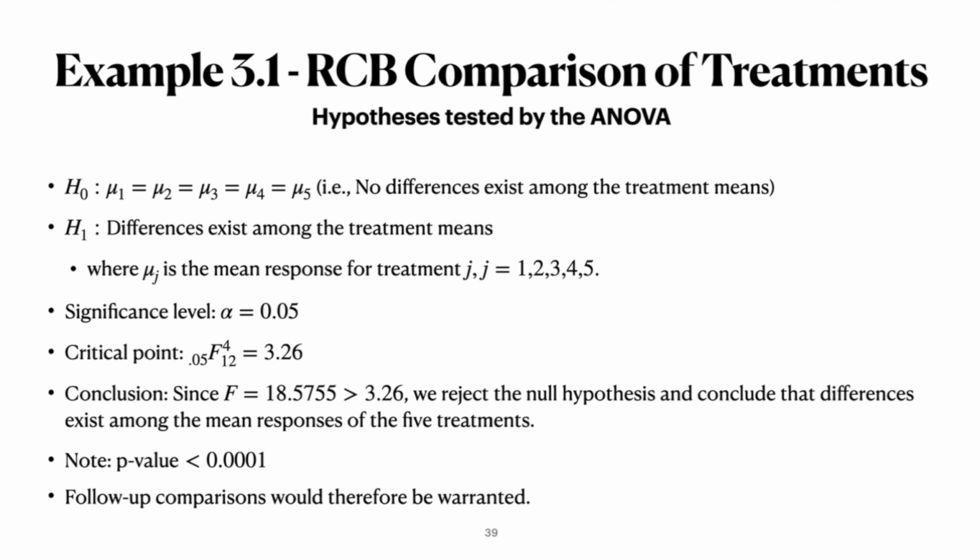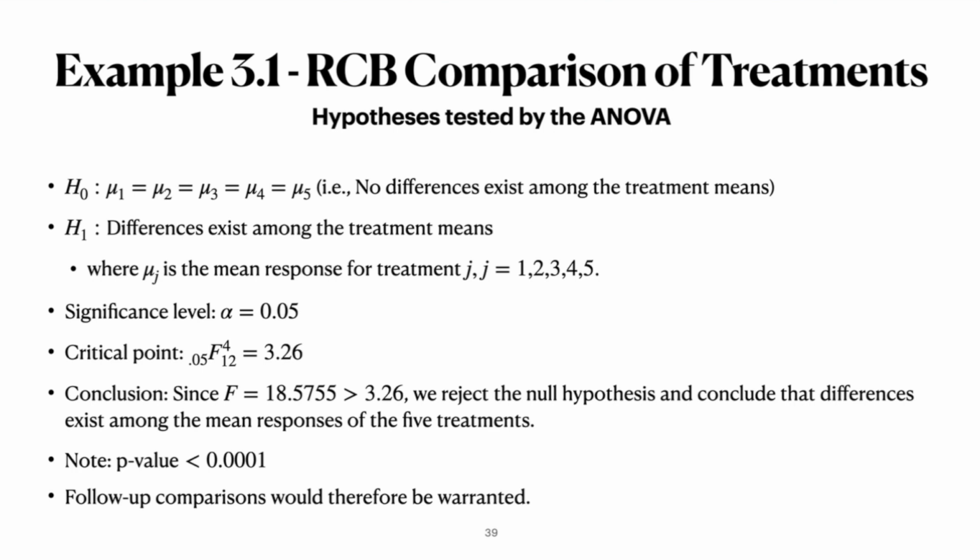Okay, so let's look at the hypotheses that are tested by the ANOVA. The treatment effects in this particular situation were the only treatment effects that were of interest to the researcher, and because of that, the treatment effects are fixed effects. So this is a fixed treatment effects model, and the parameters associated with the treatment means would be mu1 up through mu5.